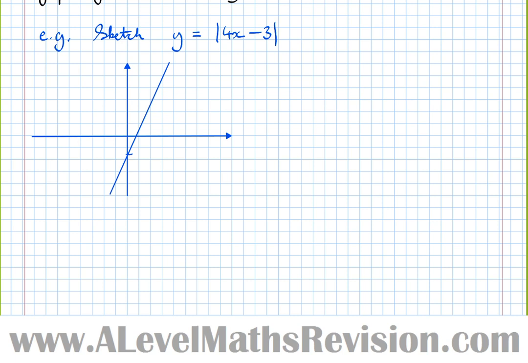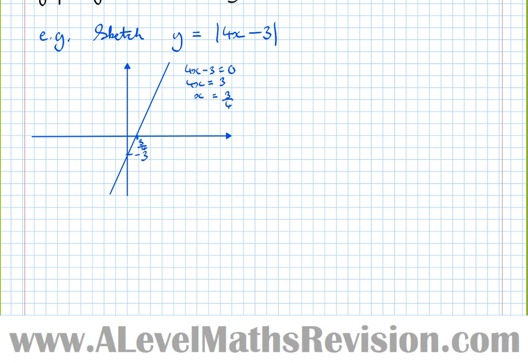So that would be minus 3, and we need to figure out what that point is there. So 4x minus 3 equals 0, 4x equals 3, so x equals 3/4 would give us the x-intercept, also called the root, so that's 3/4 there.